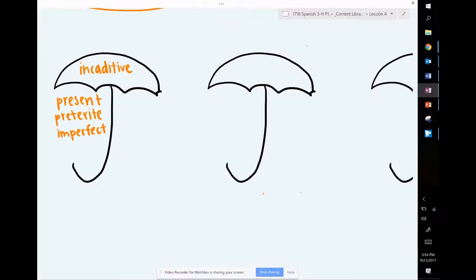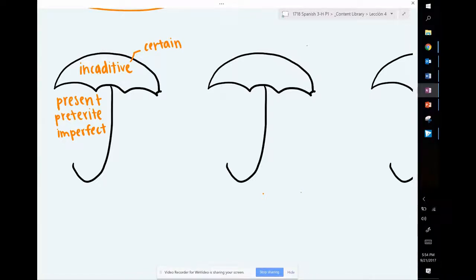Last year, when you learned the preterite, you were really learning the preterite indicative. When you learn the imperfect, it's actually the imperfect indicative. When we say indicative, this mood expresses things that the speaker believes to be certain and true. Okay, it definitely happened. It is certain.